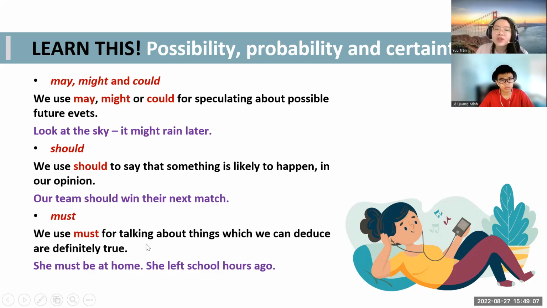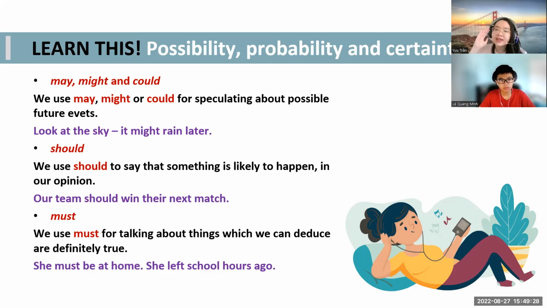We use must for talking about things we can deduce are definitely true. Được chưa? Cái này là chúng ta đưa ra dự đoán dựa trên cái suy nghĩ của chúng ta và nó có một phần nào đó đúng. Giống như cô nói là oh, I see a person who has very light skin, blonde hair, blue eyes.